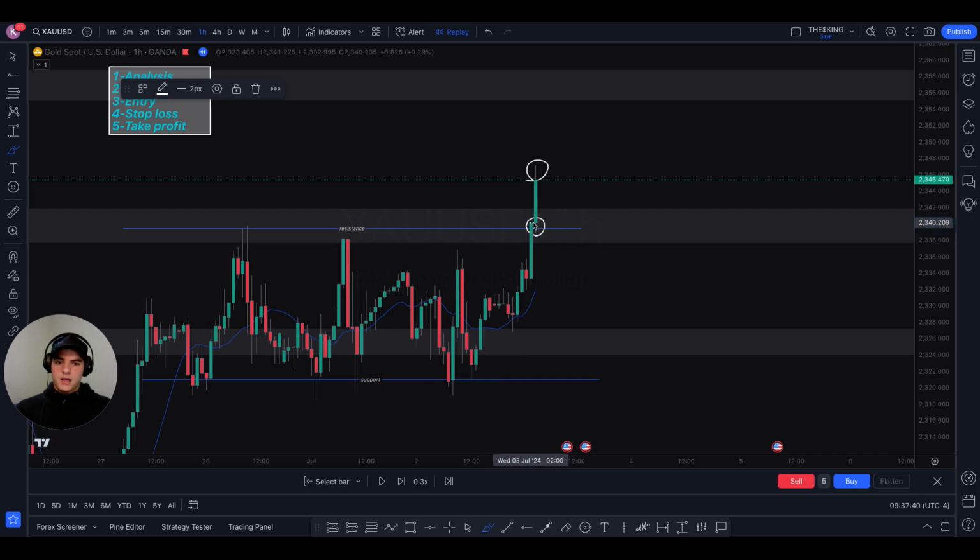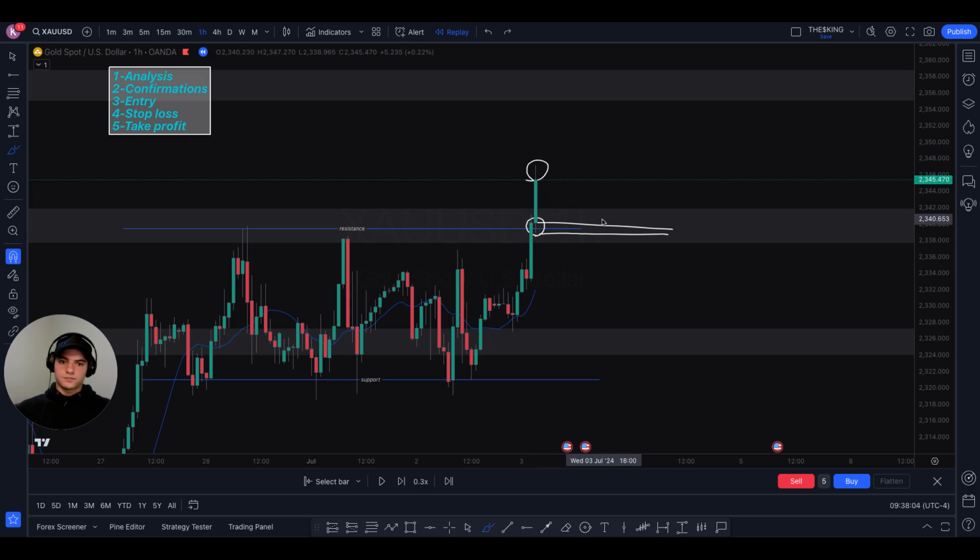So you want to buy somewhere around this area over here for a trade that has a higher probability of being successful and making more profits, instead of buying here and then having a bigger stop loss and a short take profit, right?